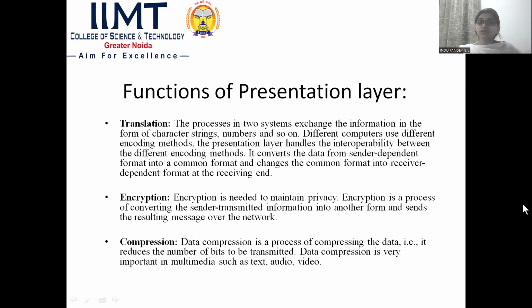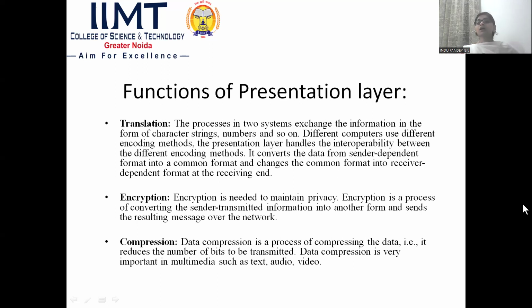Two systems exchange information in the form of characters, strings, numbers, and so on. Different computers use different encoding methods, and the presentation layer handles the interoperability between the different encoding methods. It converts the data from sender dependent format into a common format and changes the common format into receiver dependent format at the receiving end.